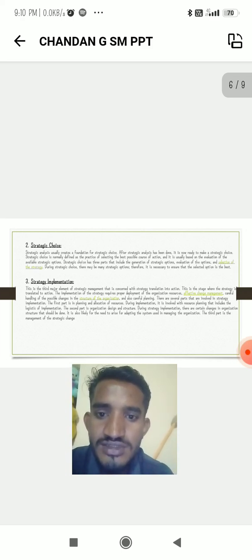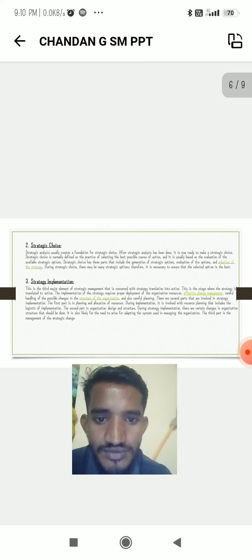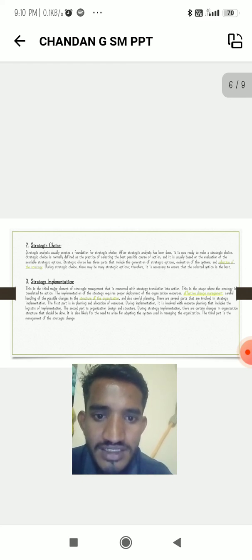Strategic choice. Strategic analysis usually creates a foundation for strategic choice. After strategic analysis has been done, it is now ready to make a strategic choice. Strategic choice is normally defined as the practice of selecting the best possible course of action, and it is usually based on the evaluation of the strategic options.